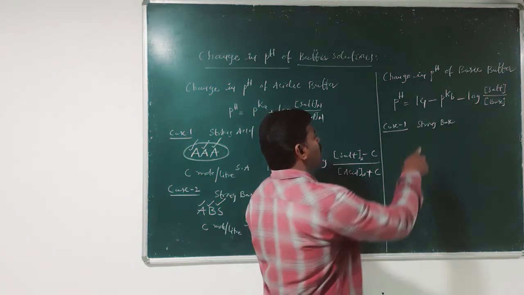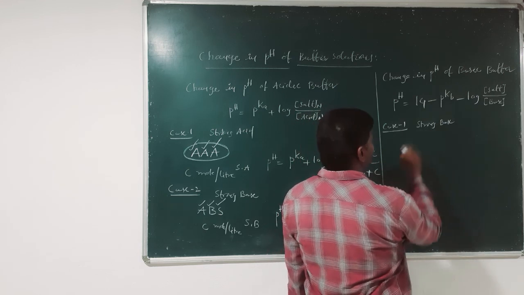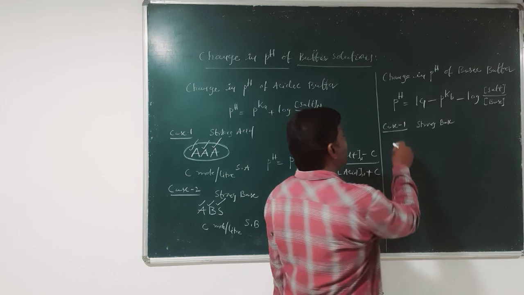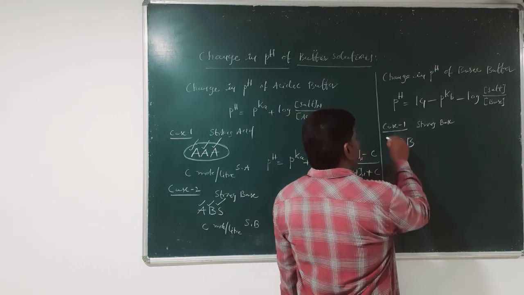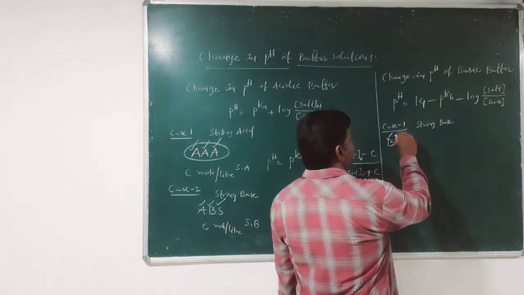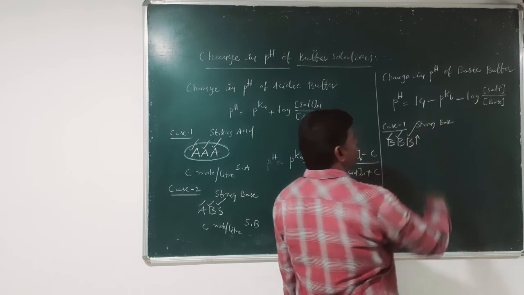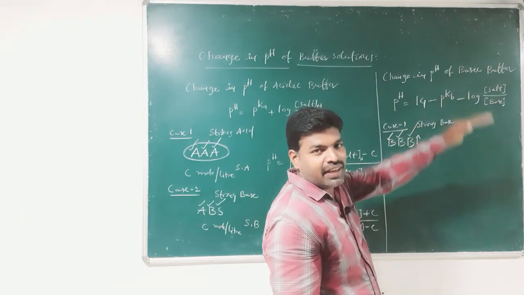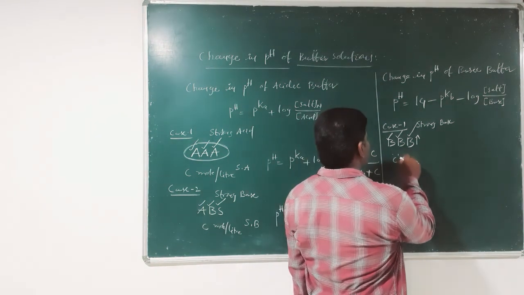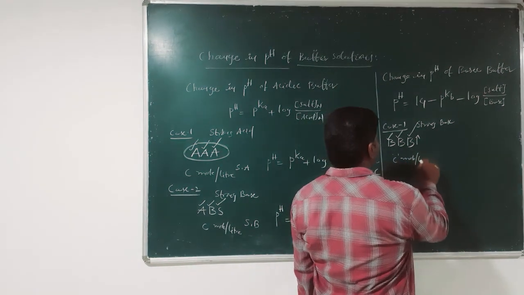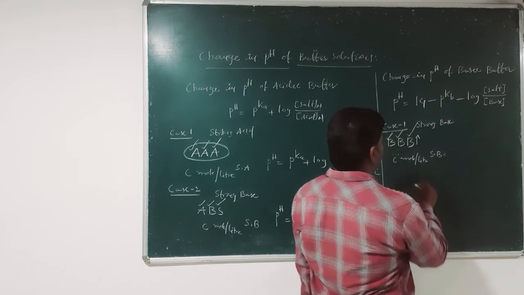So when we add strong base, what happens? There is a mnemonic for that, B. For basic buffer, when we add strong base, base concentration increases and salt concentration decreases. So, if C moles per liter of strong base is added, what happens?